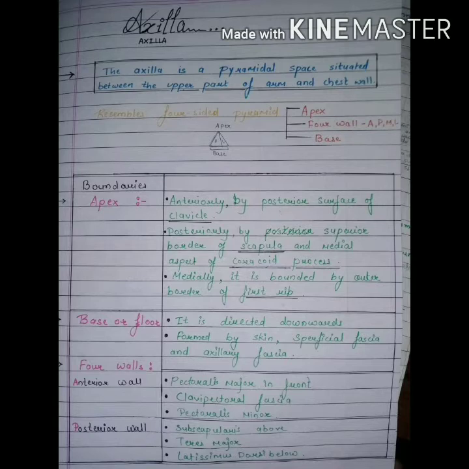Medially it is bounded by the outer border of the first rib. You can see in the figure for understanding. Whatever names are mentioned, you have to see in that picture or the diagram you have drawn.